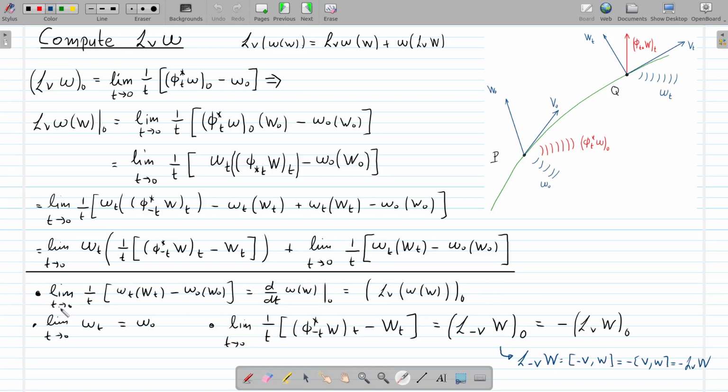So when we take the limit t going to 0, the second term here will give us the Lie derivative of this function. We also use the trivial fact that because of the continuity of the one-parameter family of diffeomorphisms and the one-form omega, this limit is equal to omega 0.